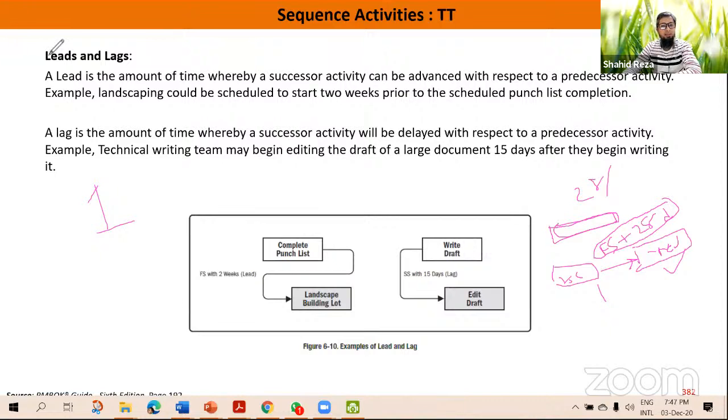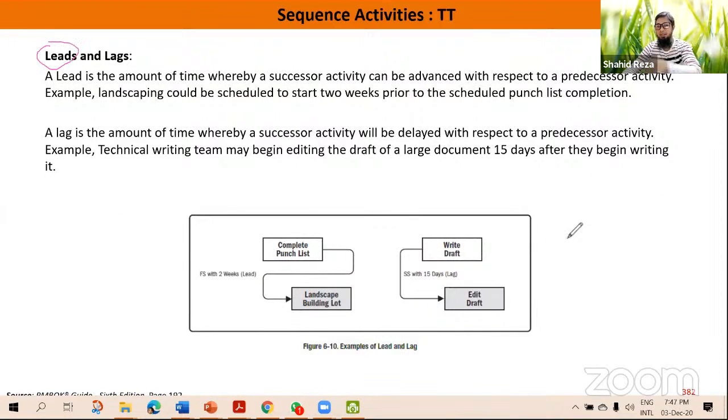Another is lead. Lead means just the opposite of lag. Say one activity is A and it takes 10 days. Another activity is B, which will take 5 days. So in total how many days do we need? 15 days, right?